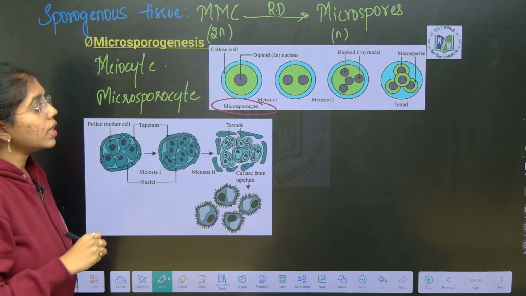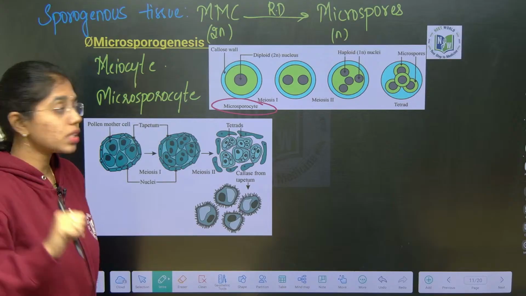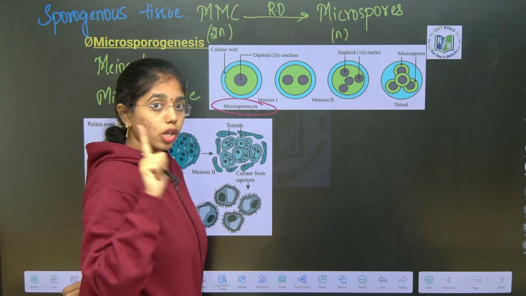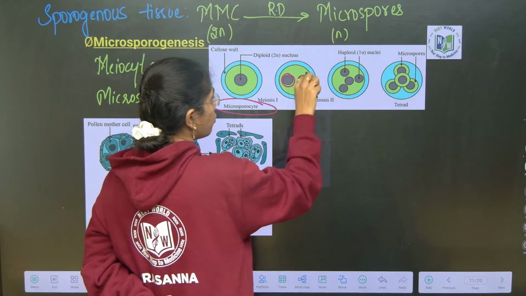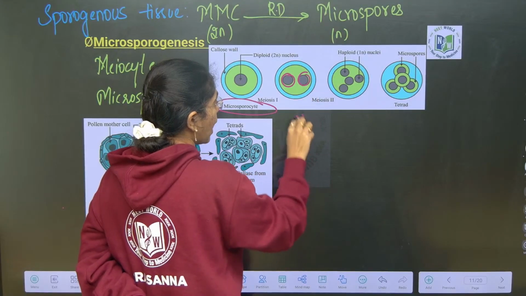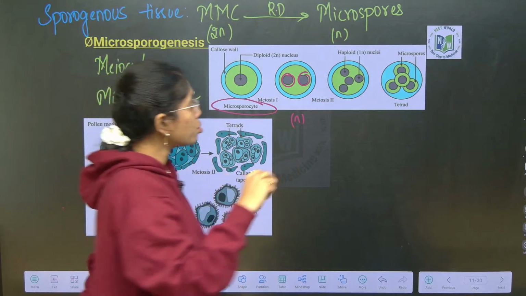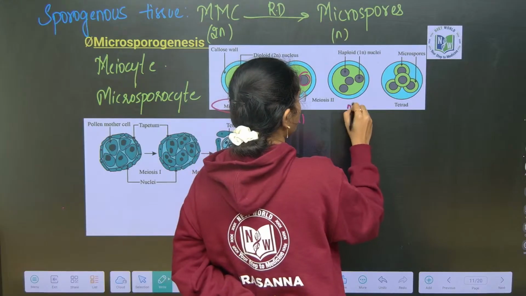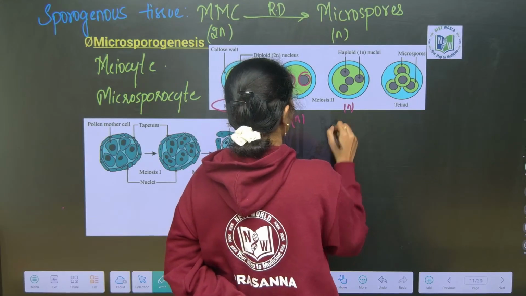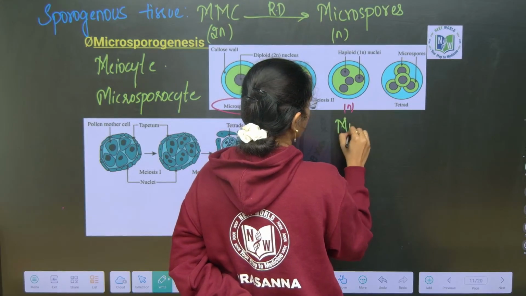Fine, right? So, this microsporocyte will undergo the first meiotic division. After meiosis 1, 2 daughter cells are formed. These 2 daughter cells are haploid, and after meiosis 2, 4 daughter cells are formed which are haploid. These are haploid microspores.